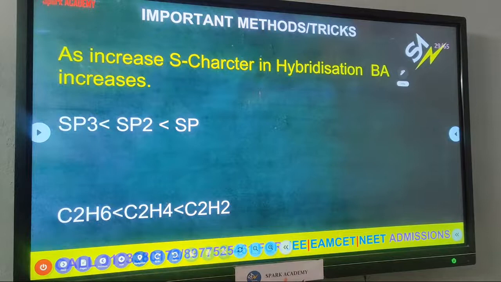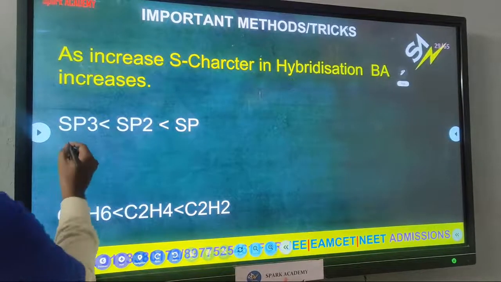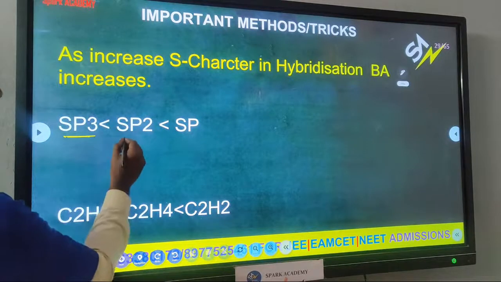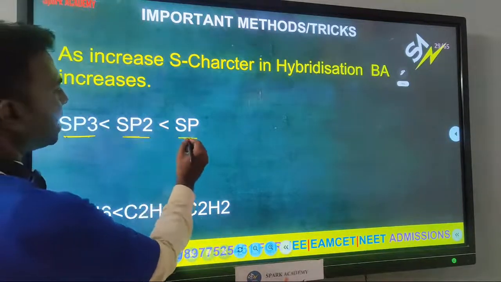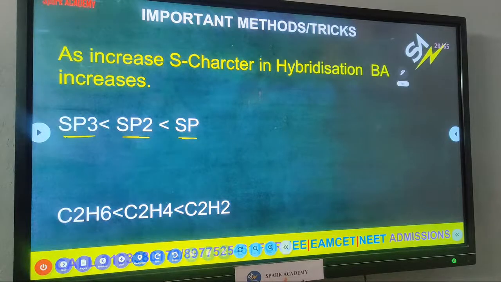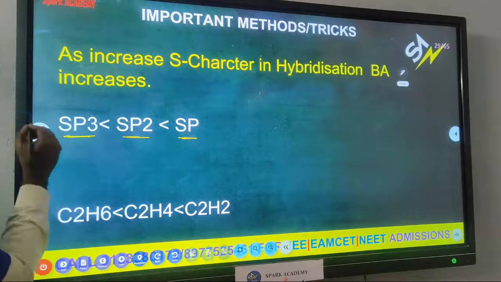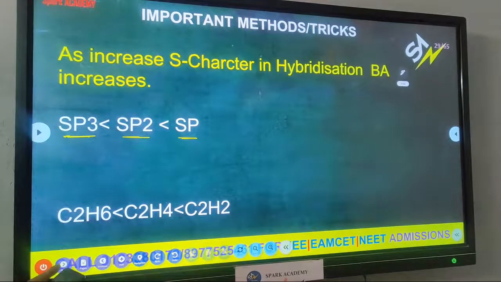Next, as we increase the s character in hybridization, what about the bond angle? The bond angle increases. For example, we have sp3 hybridization, sp2 hybridization, and sp hybridization. What is the s character in sp3 hybridization?